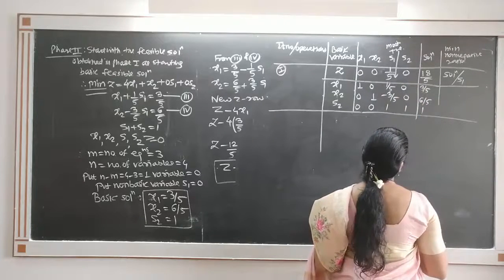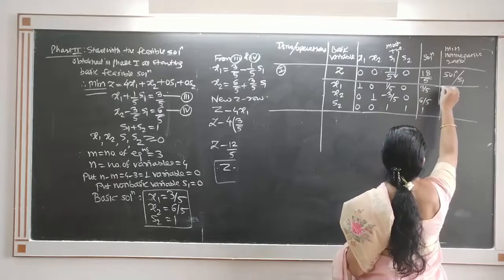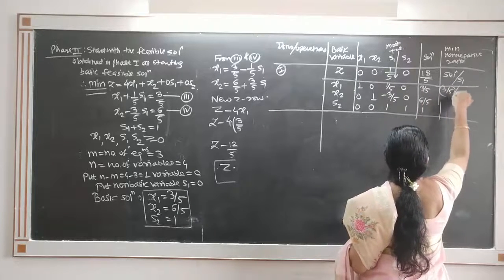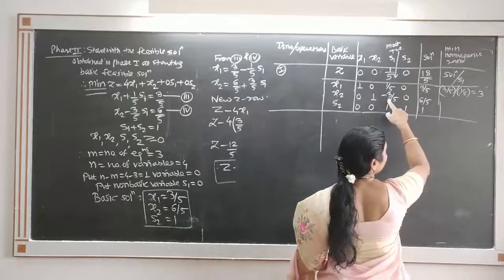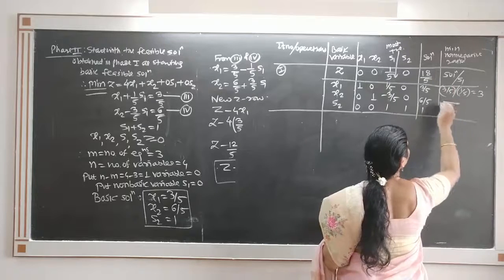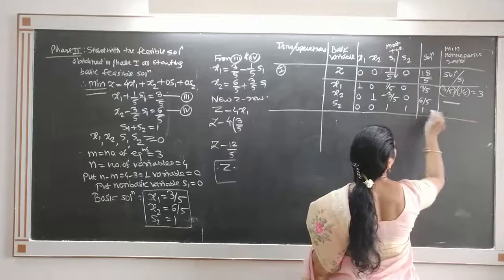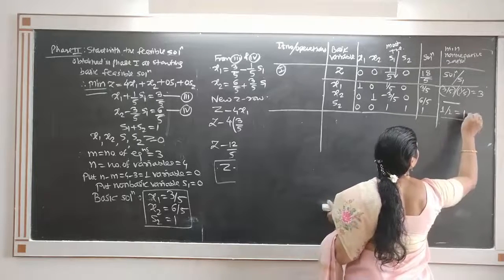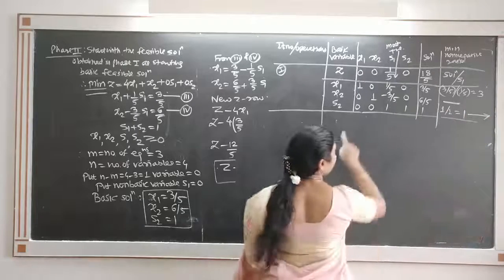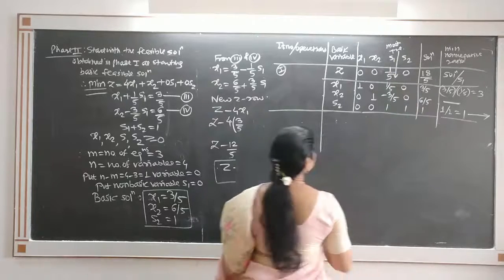So solution upon S1: 3 by 5 upon 1 by 5, that is 3. Because this is negative and we don't want negative, we will not take this ratio. And 1 upon 1 equal to 1. Minimum is 1. So this implies that S2 leaves the solution and S1 enters the solution.